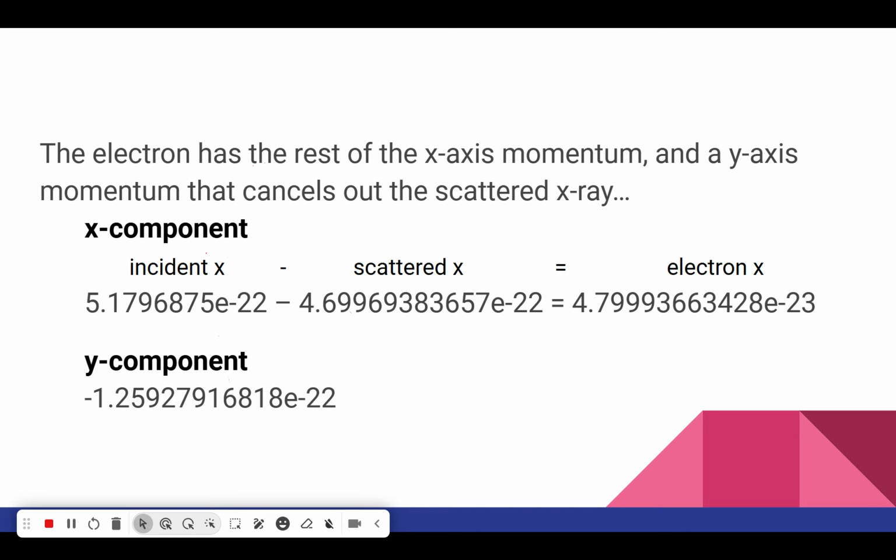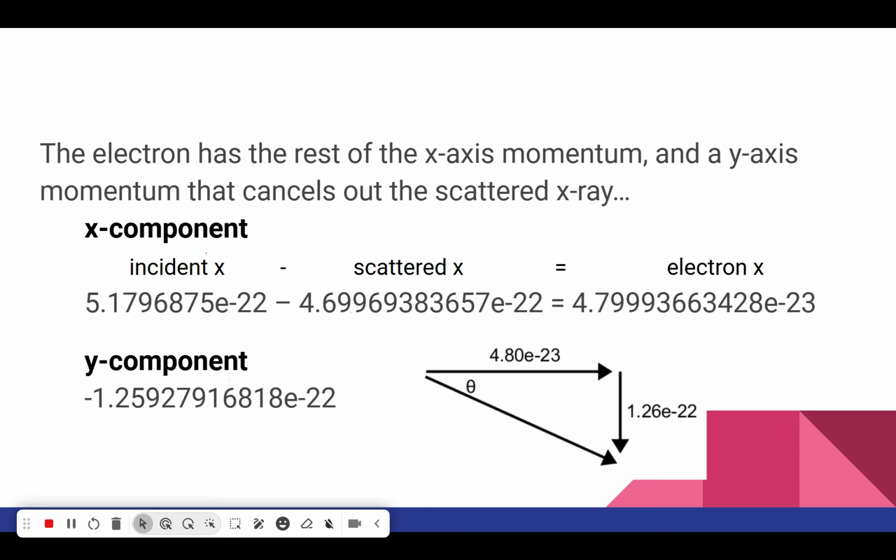Then I have the very easy task of saying, for the y component, if the scattered X-ray was all up y component, then it has to be equal but opposite y component on the electron. So that's my y component. So there are my components of my electron.